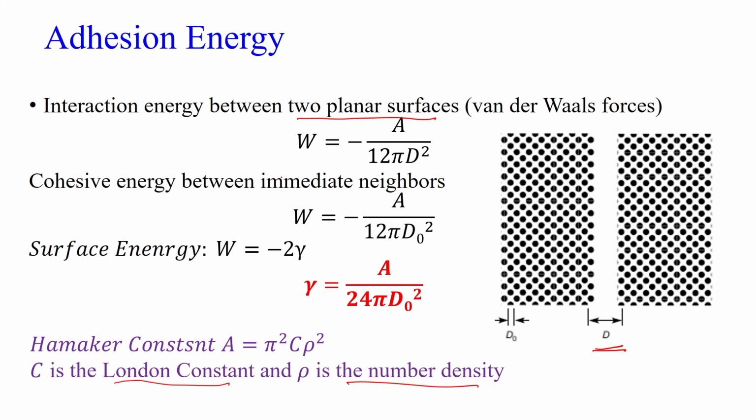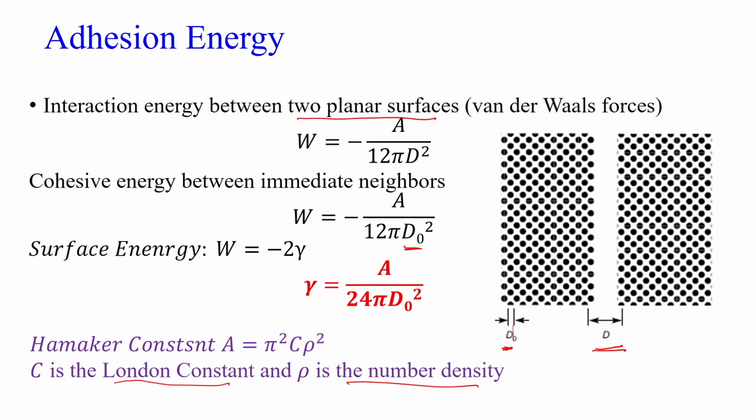So, this is like a work of cohesion W11, the cohesive energy between two neighboring molecules. Let us say this is between the two planar surfaces. Now, we want to calculate between two neighboring molecules. So, here we are replacing d with d naught.